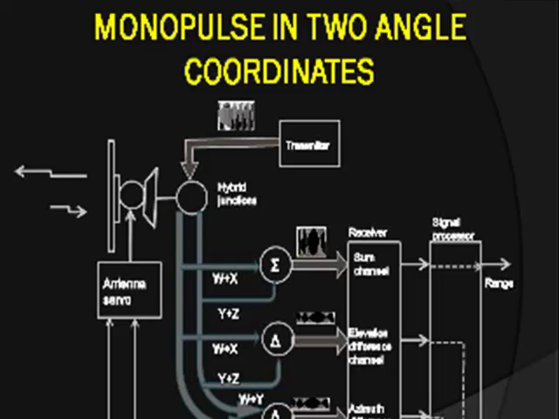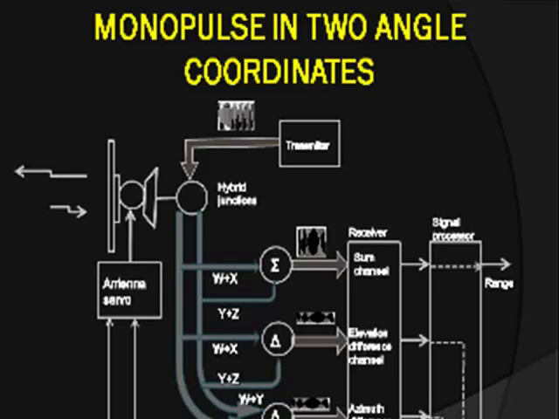Similarly, another 2 channels are summed in one hybrid junction, another 2 channels are summed in another hybrid junction. The difference of these 2 outputs is taken from one more hybrid junction to get the elevation information.